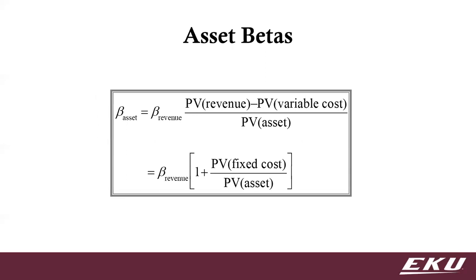There's a couple of different ways to write this. This is rearranging the terms, right? If you see here, present value of revenue minus the variable cost, divided by asset, or 1 plus the present value of the fixed cost over the asset. It may have been a while since you've done economics, but revenue is what you're getting in from sales.